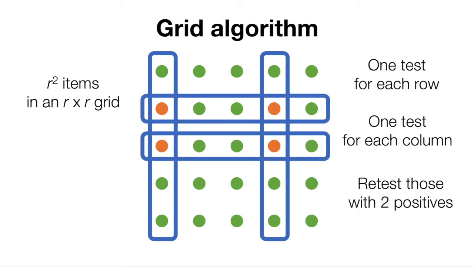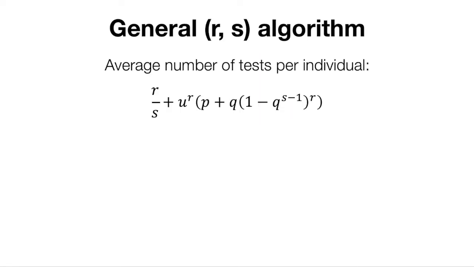Then say 2 tests in the columns came back positive and 2 tests in the rows came back positive. Then we give individual tests to any items in the intersection of these. So if our S squared equals S times S items, some of them will get retested in the second stage. So that's what R equals 2 looks like. But it's sometimes of interest to take R equals 3 or bigger.